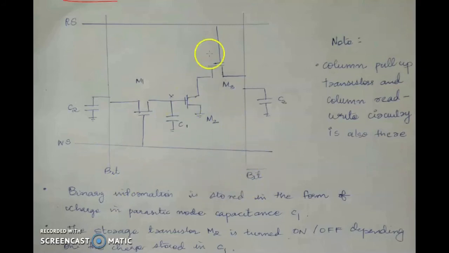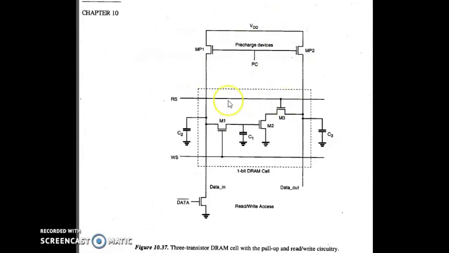Let's see the overall circuit consisting of this DRAM cell, pre-charge circuitry, and read and write circuitry. This portion is the 3T DRAM cell, this is the pre-charge part, and this is the writing circuitry, and from this line data is read from the bit line and detected by the sense amplifier.